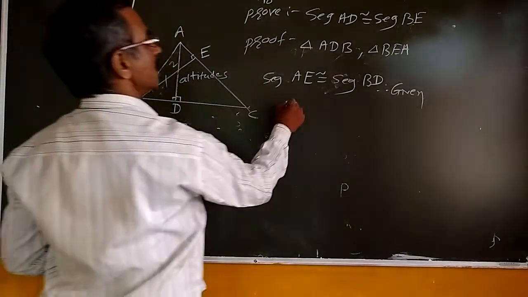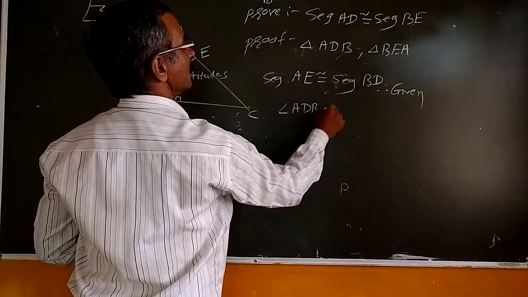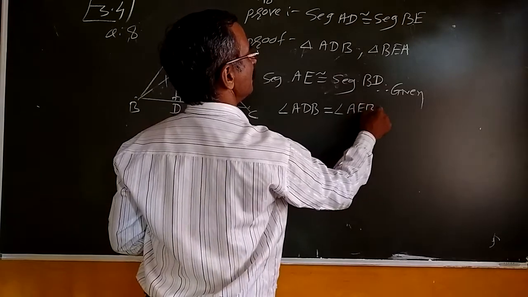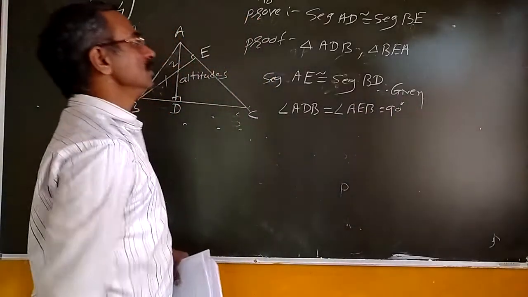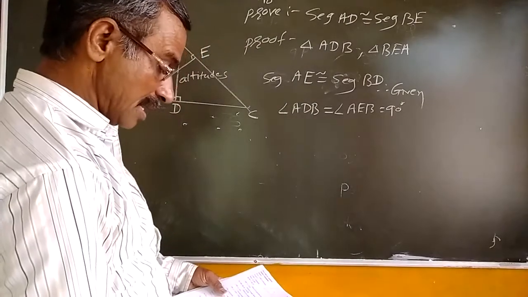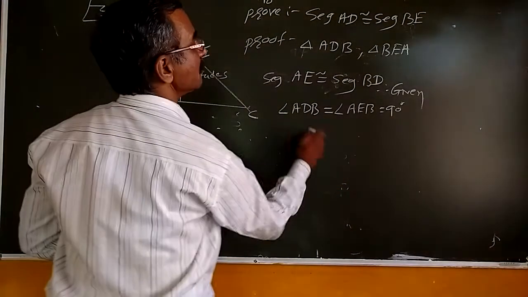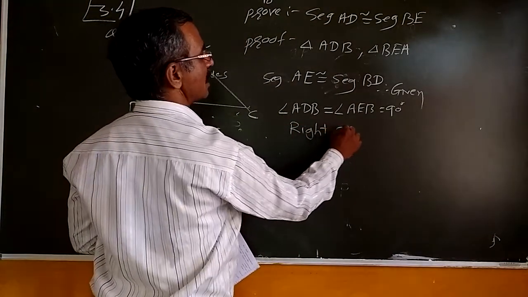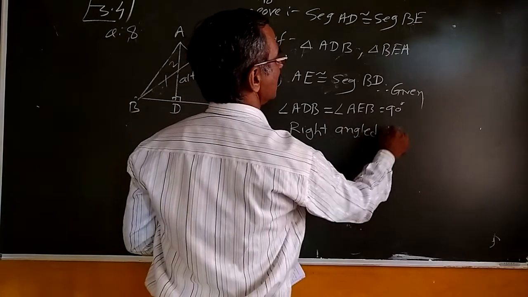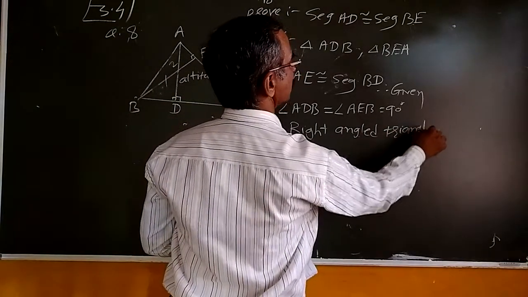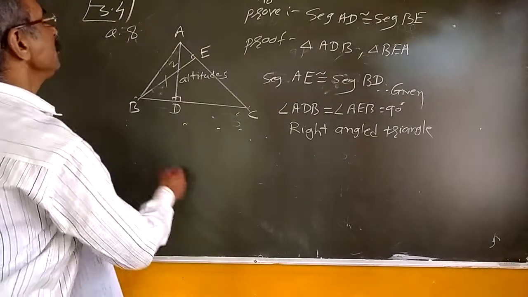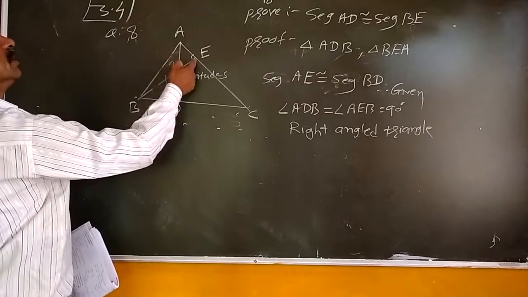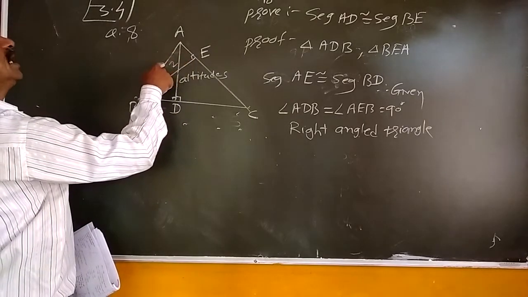Then angle ADB is equal to angle AEB. Both are altitudes, so they are making a 90 degree angle. So these two triangles are right angle triangles. In a right angle triangle, the hypotenuse is the side opposite to the 90 degrees.